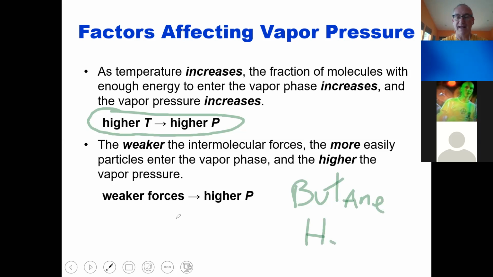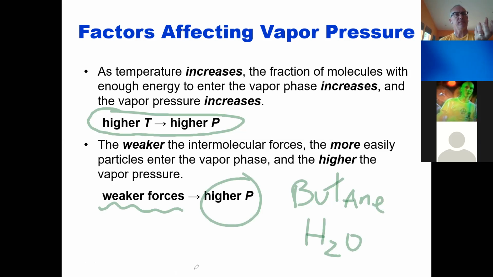Water is held together with much more interactions, so they move much more slowly because they're stuck together, and so the vapor pressure is lower. So the weaker the forces are holding these things together, the higher the vapor pressure is going to be. Okay? Those are the main two things when we're comparing one molecule to another and trying to determine which one should have a higher vapor pressure: what are the intermolecular interactions between them, and what's the temperature?